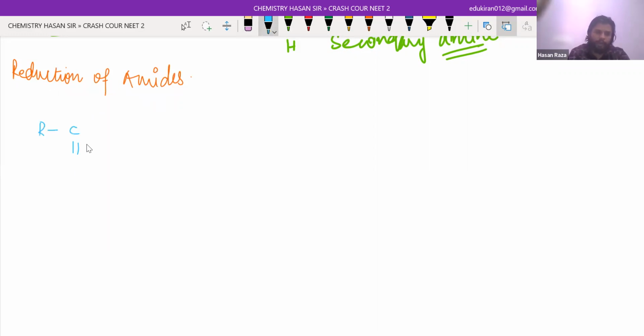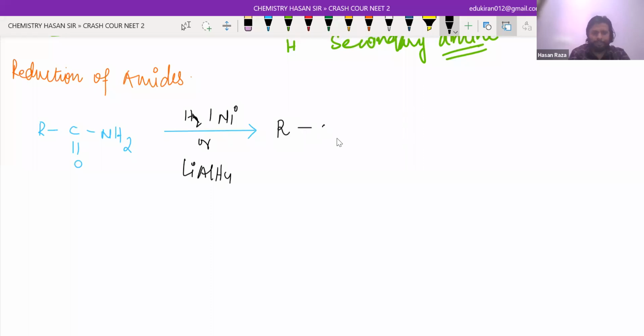So if you have an amide, you can reduce it to prepare amines, and reduction will take place with H2 in the presence of nickel, or you can use LiAlH4. So this will be converted into NH2. As you can see, this bond will be broken. Hydrogen will be added here, hydrogen will be added here, and H2O will be eliminated, and you will get the amine directly.